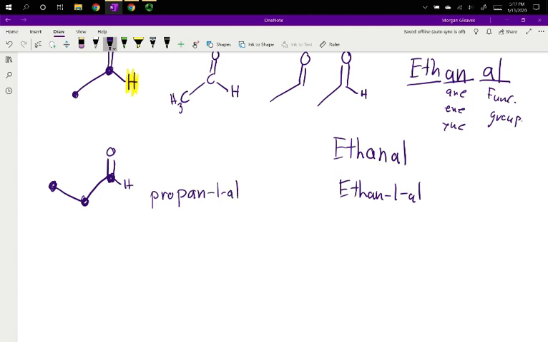Since aldehydes always have to be at the end of the chain, they are universally number 1. If you have a chain, well, you can't have an aldehyde if you don't. So it always has to be 1. So you almost won't ever see the 1 written. It's almost always just prop and al. They have to be at position 1.